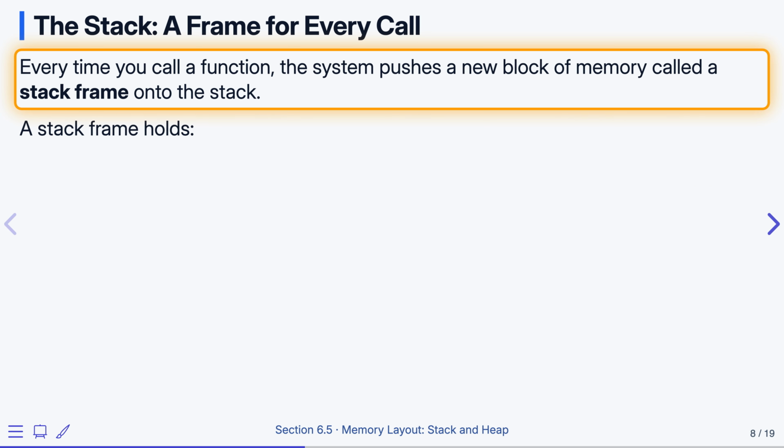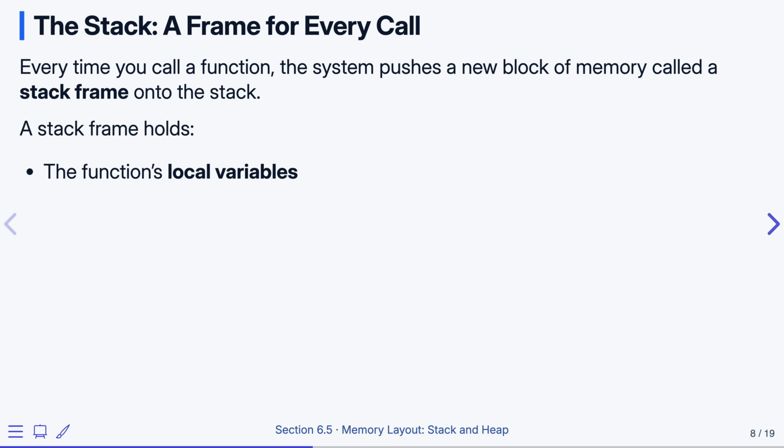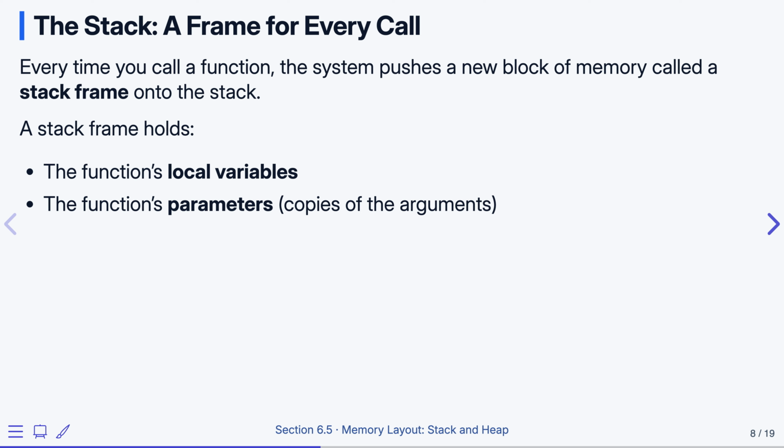The stack is the region that matters most for understanding function calls. Every time you call a function, the system creates a stack frame for that call. A stack frame holds several things. First, the function's local variables. Second, the function's parameters, which are copies of the arguments.